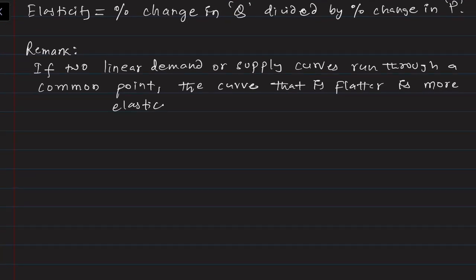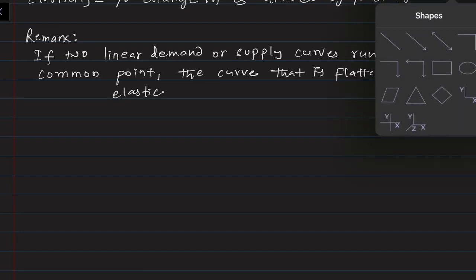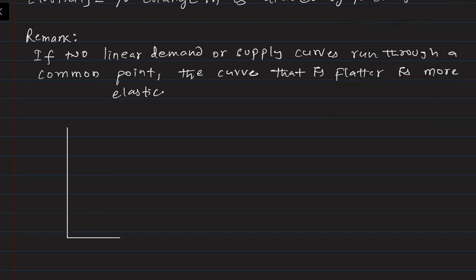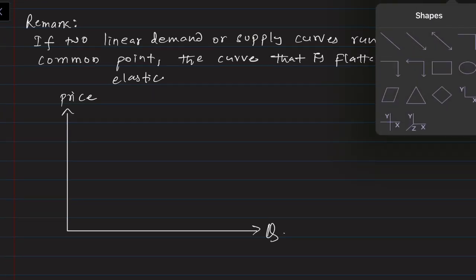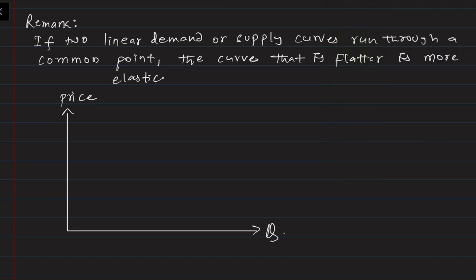Let me show you from the graph. On the vertical axis we write price, and on the horizontal axis we write quantity. Let me draw the supply curves. This is our common point.